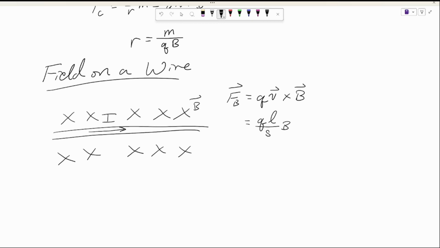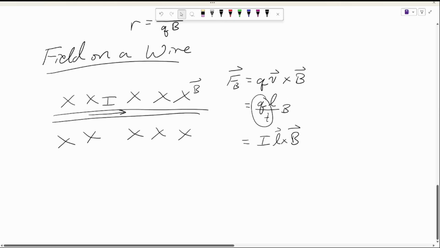So charge over time here, that's just current. So then we find this, I guess this is the way you'll see it in the formula sheet: I L cross B. L just points in the direction of current flow, by convention.